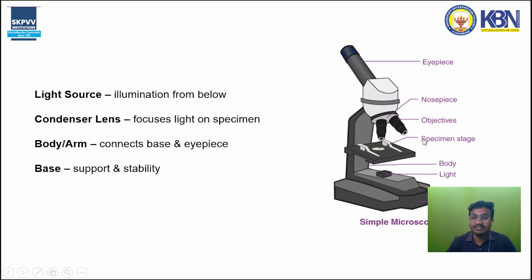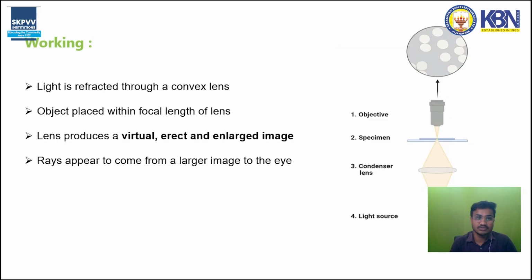It will not let the simple microscope tilt; it gives stability and support for the microscope to withstand. These are the different parts in the construction of a simple microscope. Then the working principle: the working principle behind the simple microscope is simple, as we can see here.